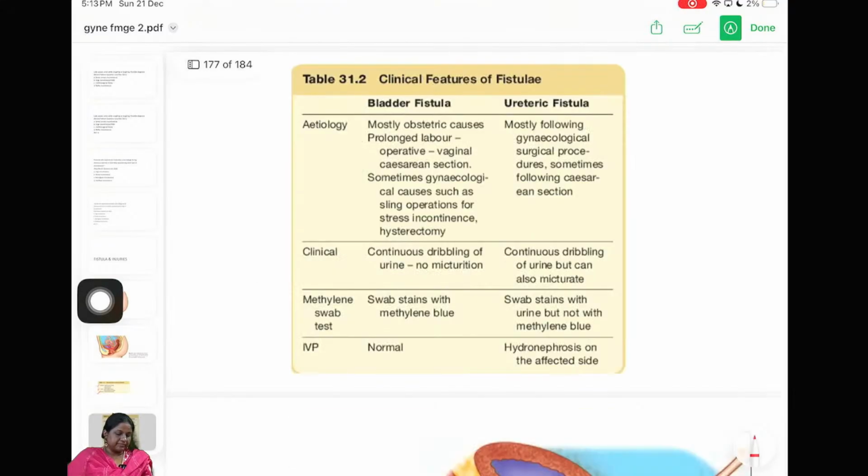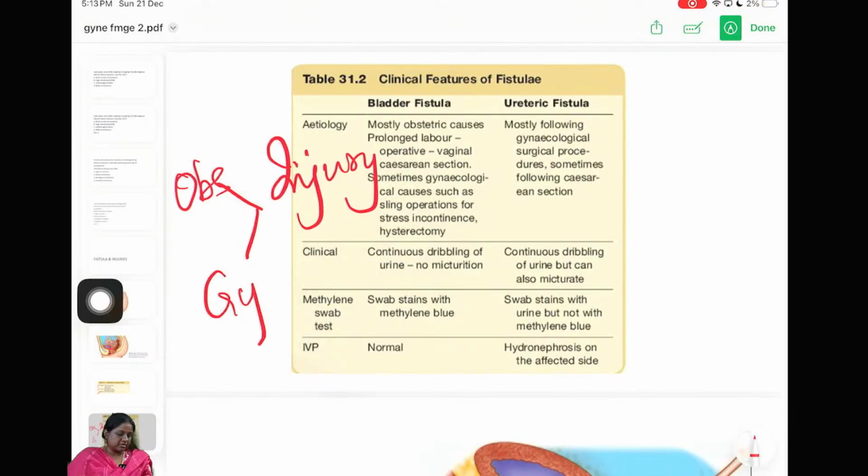Okay, so what is the etiology? Most common is going to be some injury that has happened either during an obstetric procedure or during a gynec procedure. So at any point you would have had an injury. So in bladder fistula, continuous dribbling of the urine will be there. Correct, because from the bladder it will enter into the vagina and it will keep dripping.